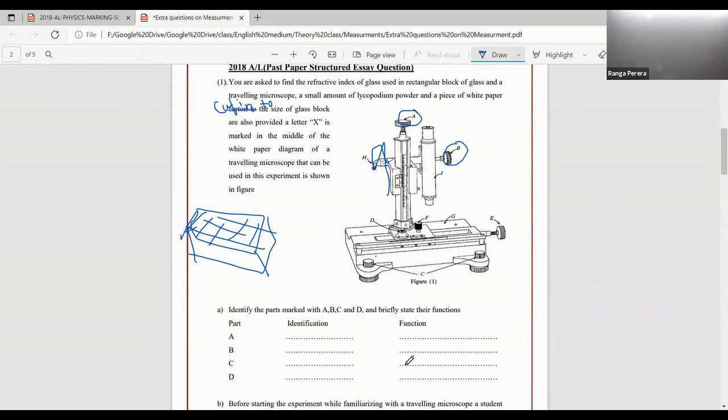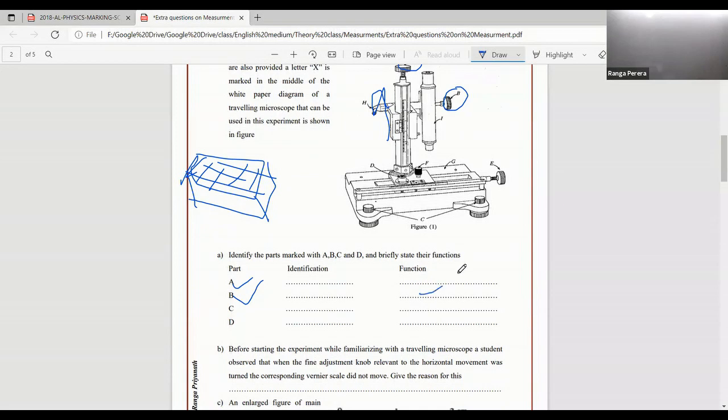What is the function of that? To get the clear image of the object.